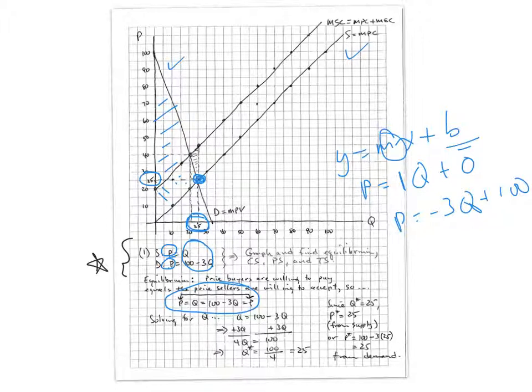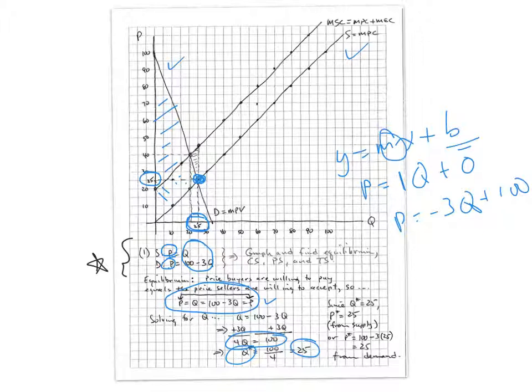So we're going to equate those two expressions and then solve for Q by getting Q all by itself in one side and then isolating it. So if we add 3Q to both sides of this expression right here, we end up with 4Q equals 100, and therefore Q equals 25.